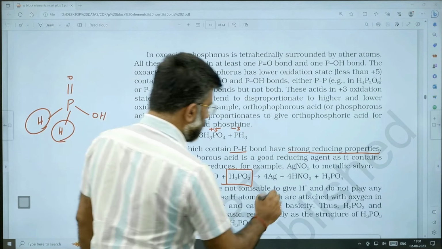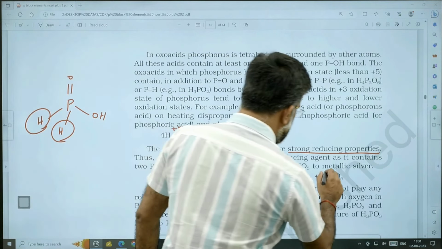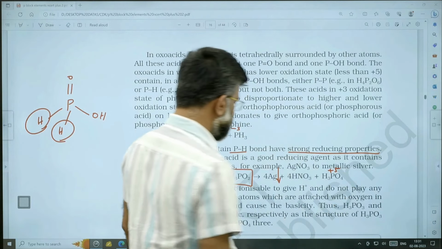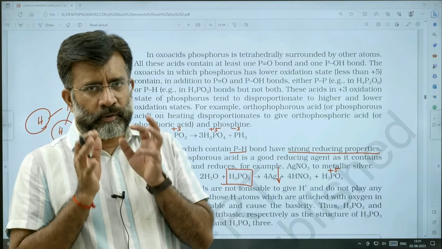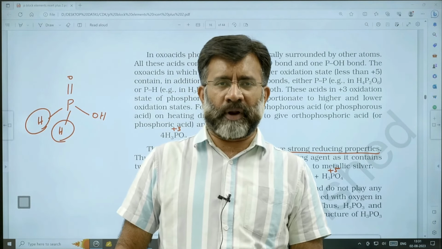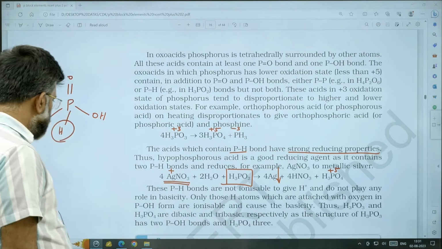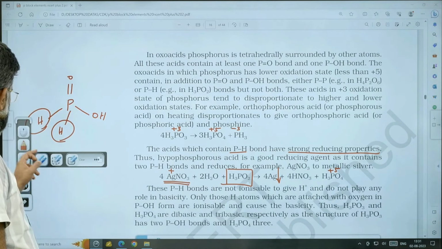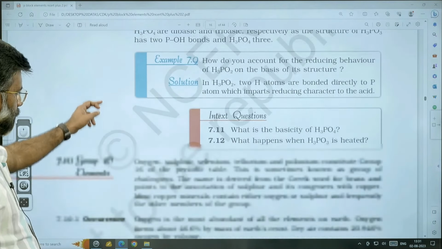Ag plus will be reduced to Ag, and itself it is oxidized to phosphoric acid. That is why phosphinic acid is a good reducing acid among the oxo acids of phosphorus. And there we conclude the oxo acids of phosphorus, the very important topic from that chapter, right?